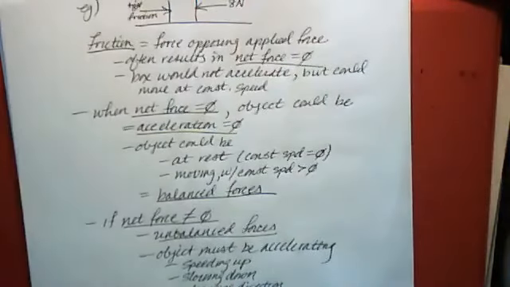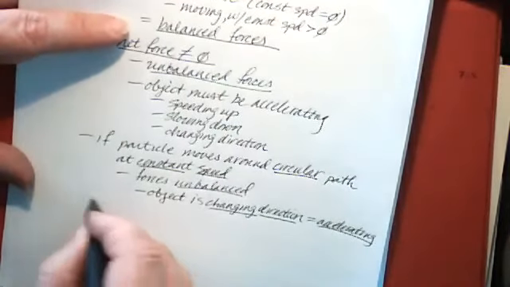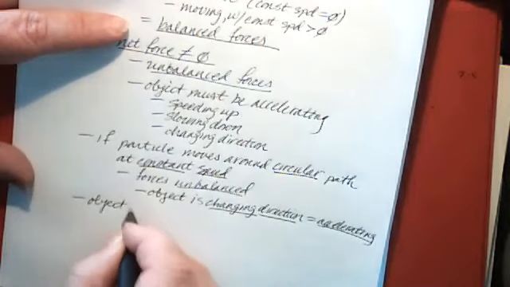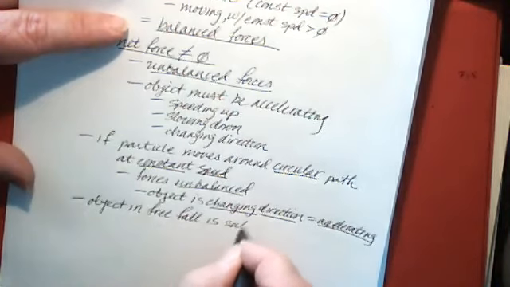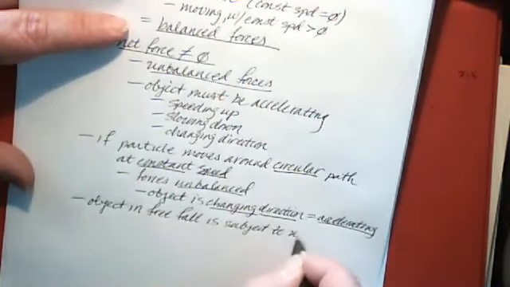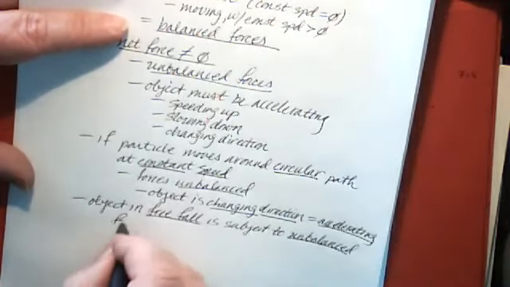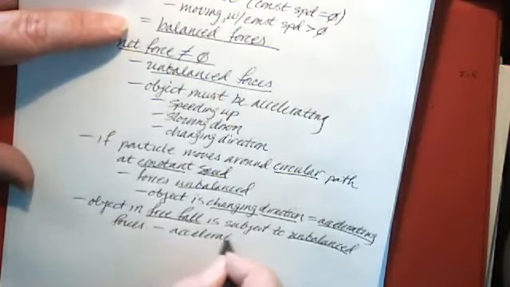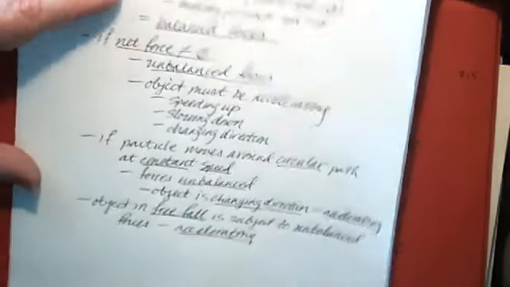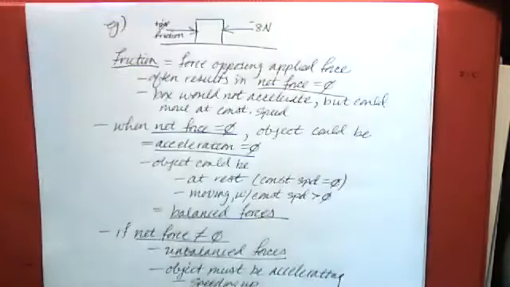So an object in free fall is subjected to unbalanced forces because it's accelerating. So if an object is in free fall, it's accelerating, so that means the forces must be unbalanced.